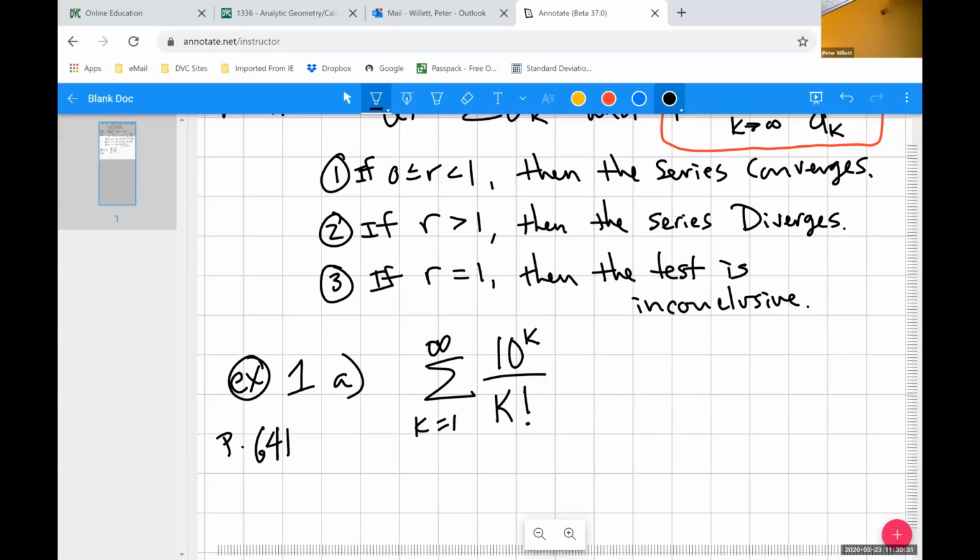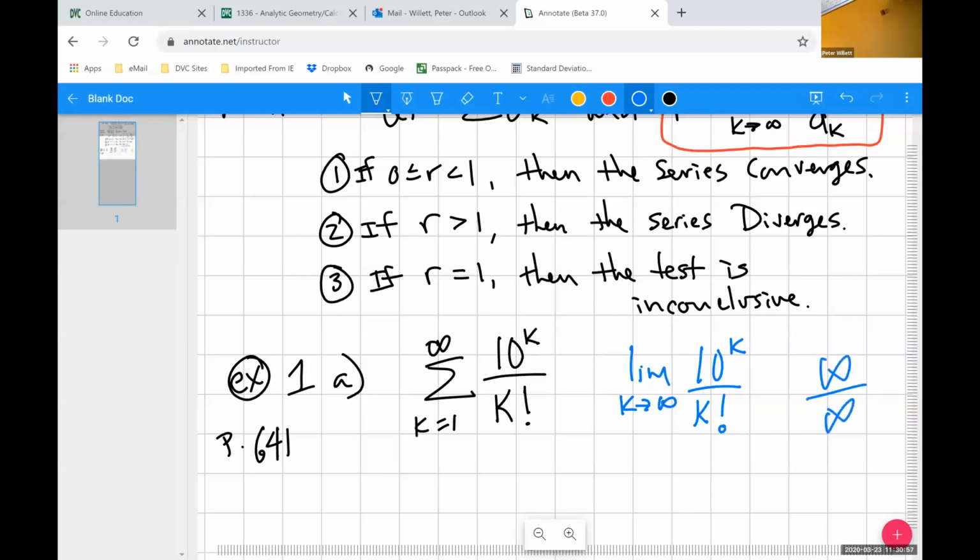Now let's look at the big idea here. What if we were trying to do the divergence test? Then we would say, let me take the limit as k goes to infinity of the terms themselves. But when we have this factorial, that's going to mess some things up, because this is of the format of an infinity over infinity.